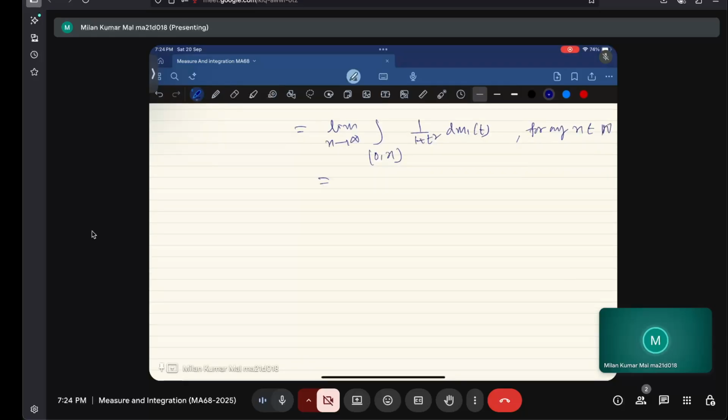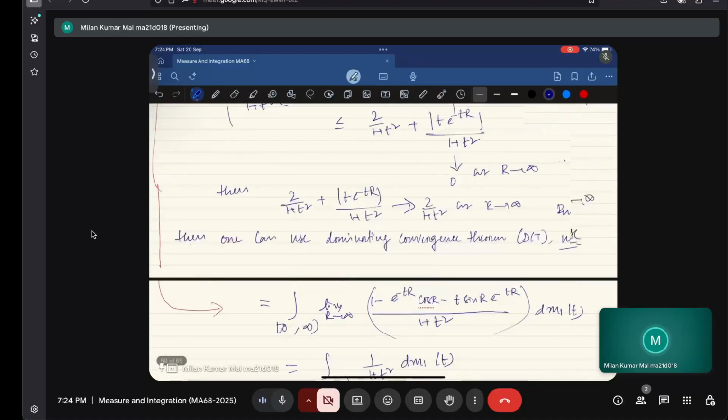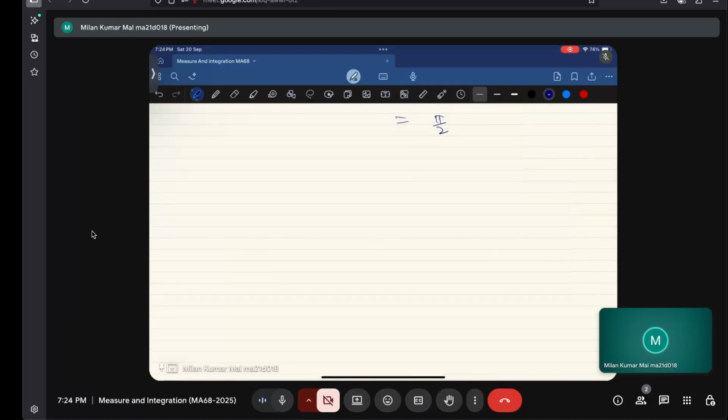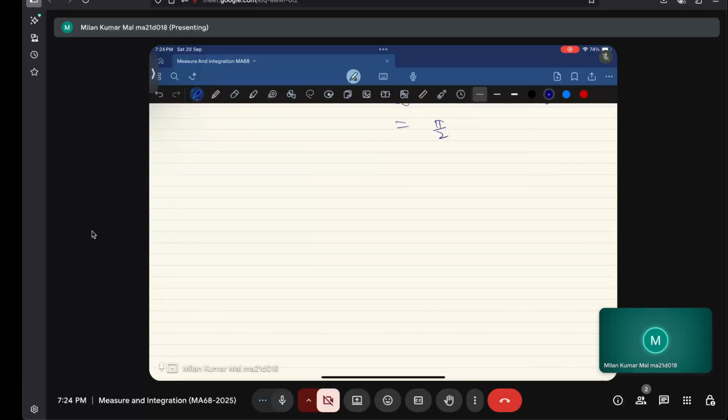That is equal to the limit n tends to infinity of the integral from 0 to n of 1 by 1 plus t square dt, which is equal to the limit n tends to infinity of tan inverse n from 0 to n, which can be written as pi by 2. So this is what we have to prove. Okay, this completes the solution of the problem.